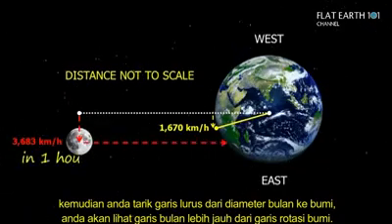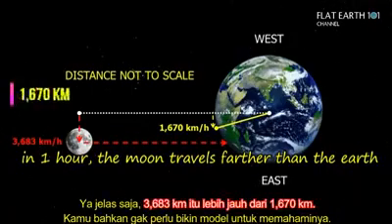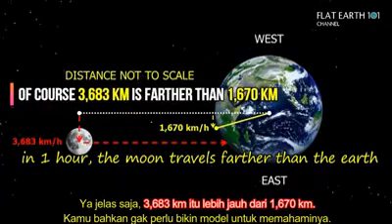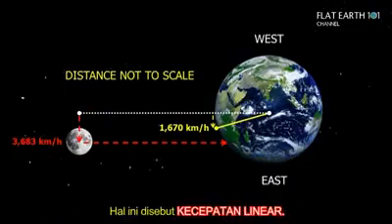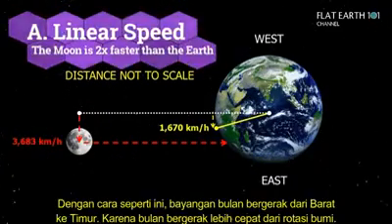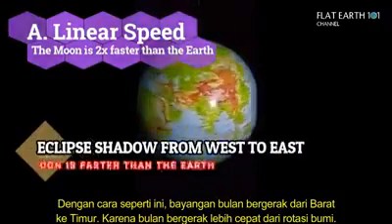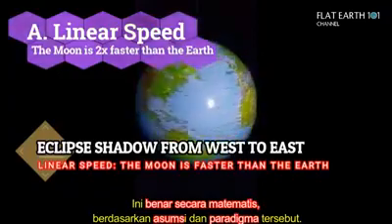You will see the moon's line is farther than the Earth's line. But of course, 3,683 kilometers is farther than 1,670 kilometers. You don't even need a model to understand. This is called linear speed. In this way, the eclipse shadow moves from west to east because the moon is faster than the Earth. It's mathematically correct based on those assumptions and paradigm.